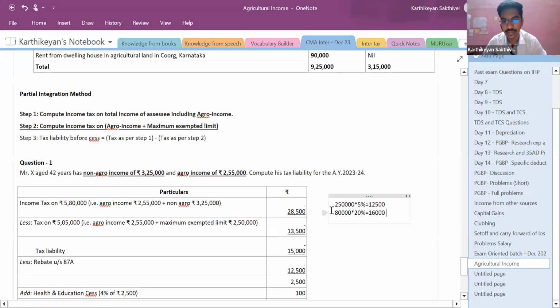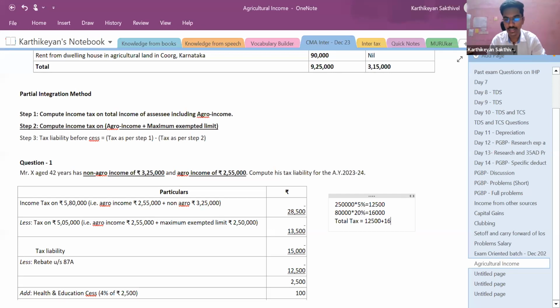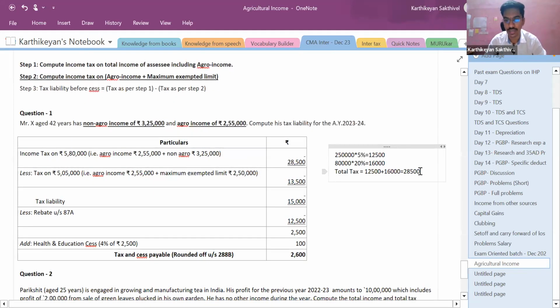So it will be 16,000. So total tax is 12,500 plus 16,000, which gives 28,500. Correct? The 28,500 is my tax.